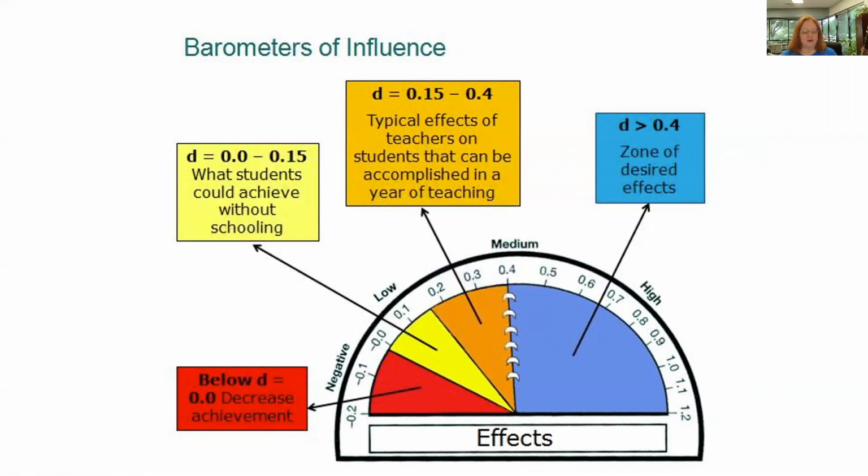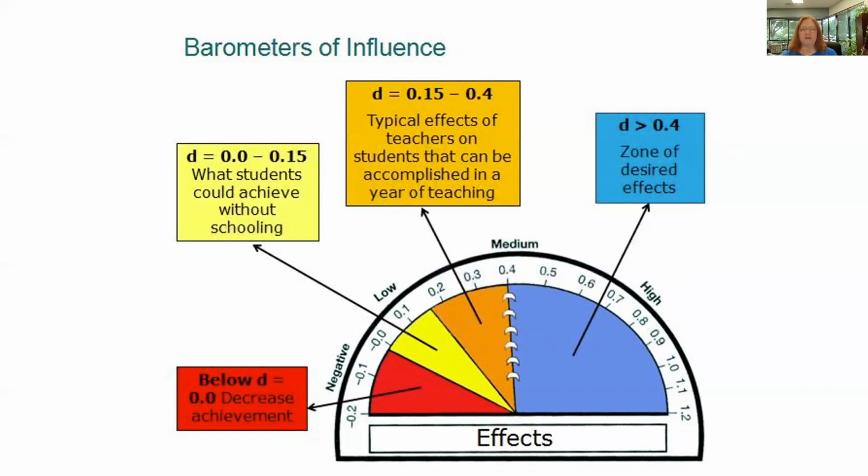That's the same amount of learning you would expect to see over a year of learning for students. So anything that is below a 0.4 really doesn't have that big an effect. If someone comes to you and says, I have a new textbook and it has a 0.32 effect size, you're going to go, don't really care, because that's what we're going to accomplish just by having the kid go to school for a year anyway.